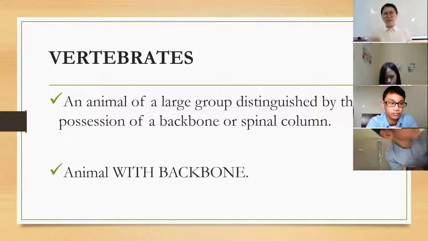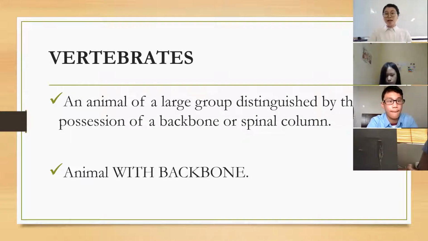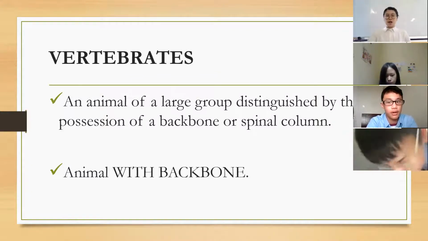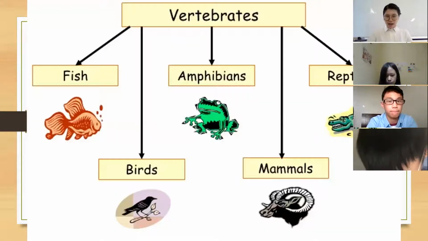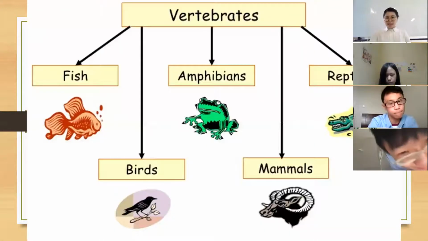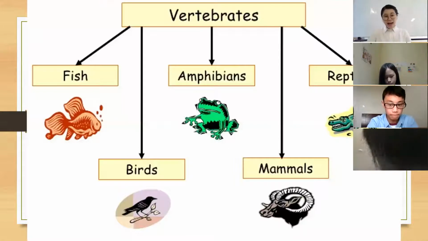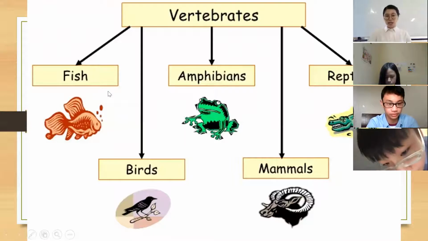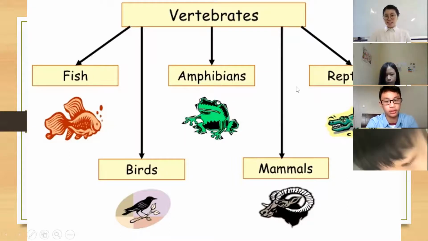How about the other class of the animal, invertebrates? While vertebrates are animals with a backbone, invertebrates are animals without a backbone. We are going to discuss vertebrates this morning. Vertebrates are classified into five groups: fish, birds, amphibians, mammals, and reptiles.